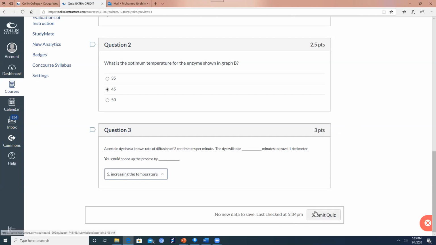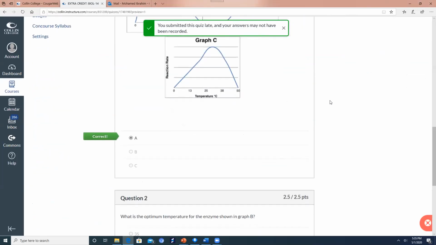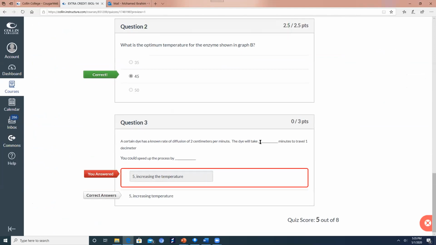Okay, and then you submit your quiz. When you look at this, don't worry, because every single time I do fill in the blank like this, I grade it manually, because I know that your answer, even my answer C, is a little bit different this time. And this kind of different wording will be considered wrong.